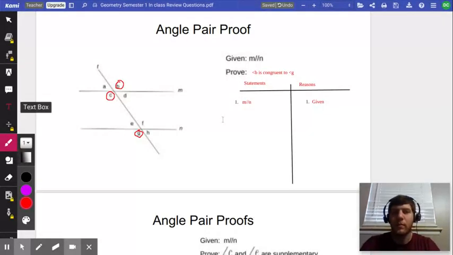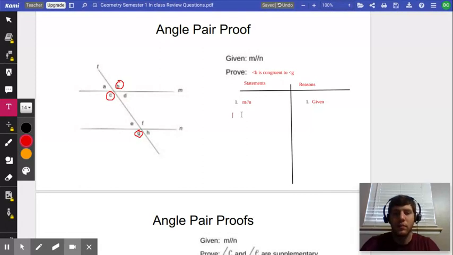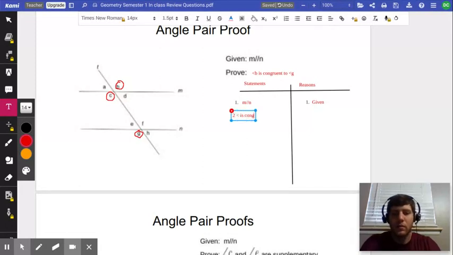property. All right, so angle B is congruent to angle C by the vertical angle theorem.